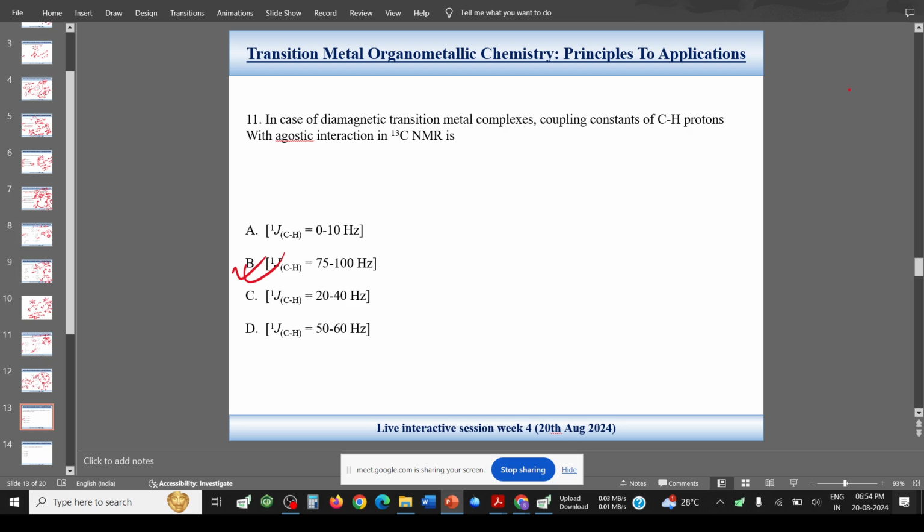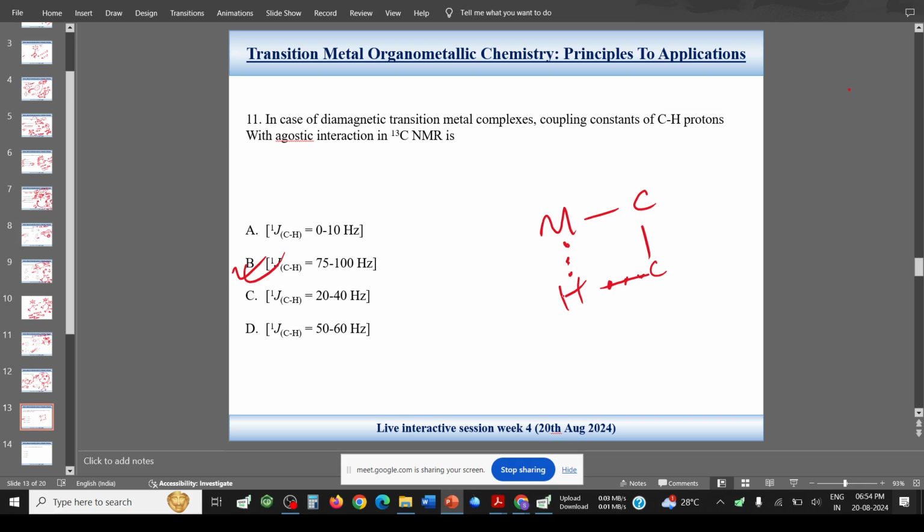Okay. So when a metal center is undergoing these types of agostic interactions, that means some of the electron density builds up over the metal and hydrogen, and in the same sequence the electron density in the carbon-hydrogen bond decreases.